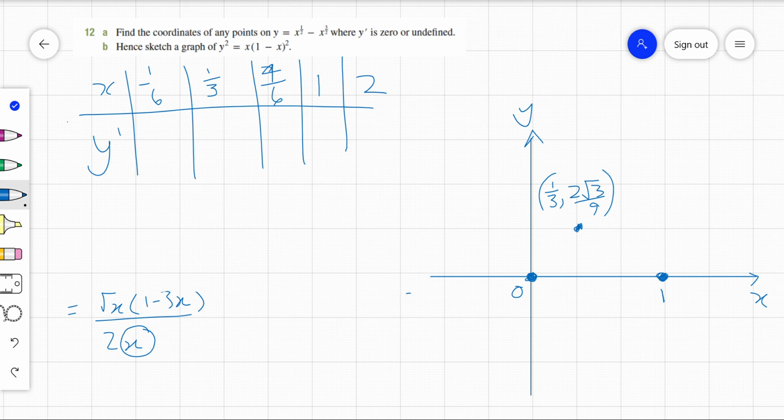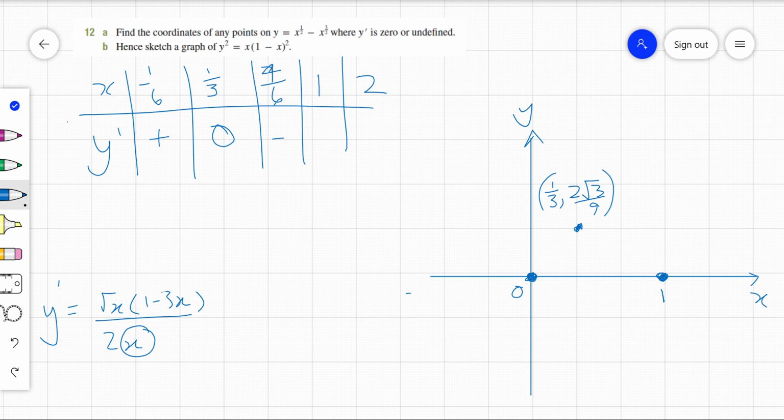We already know it was undefined at 0. Now, if you put 1/6 into y dash, what you'll find is it's positive. If you put 1/3 in, we will get 0 because that's the stationary point. If you put 4/6 in, hopefully you'll get a negative.